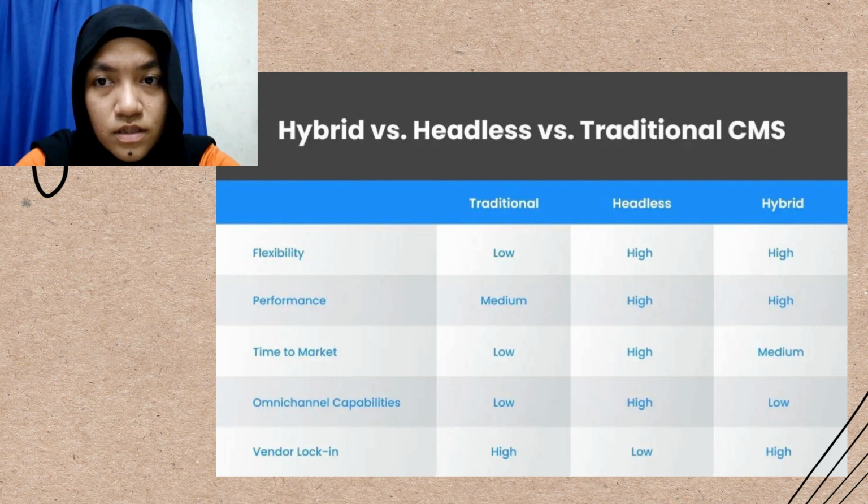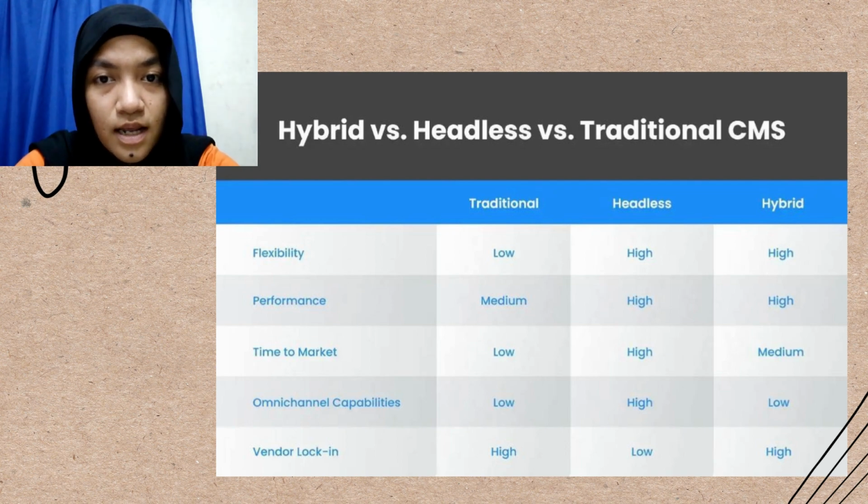This slide shows the table of the differences between traditional, headless, and hybrid CMS for flexibility, performance, time to market, omnichannel capabilities, and vendor lock-in.